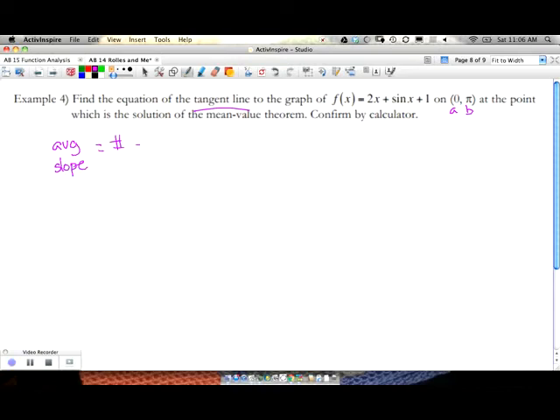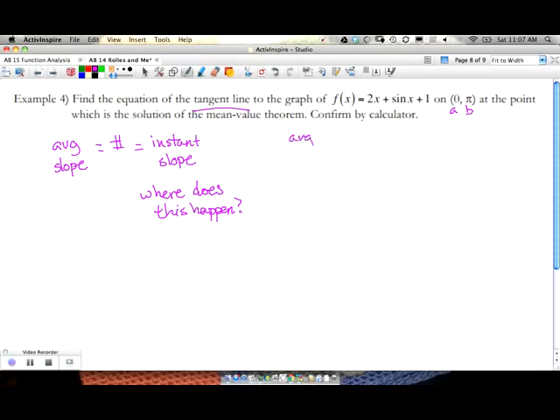That's going to equal some number. And then we got to set that equal to the instant slope, which is the derivative. And then answer the question, where does this happen? That's the big idea.